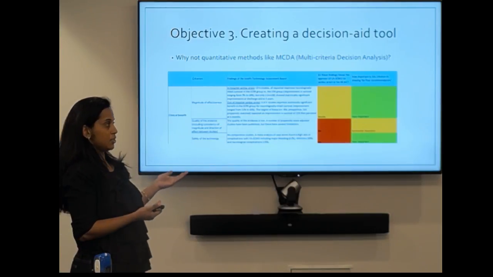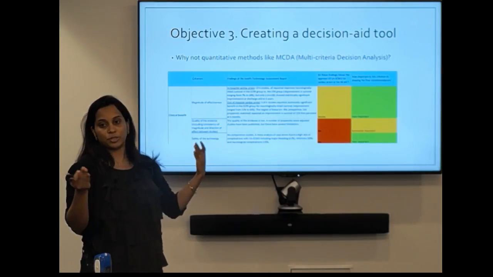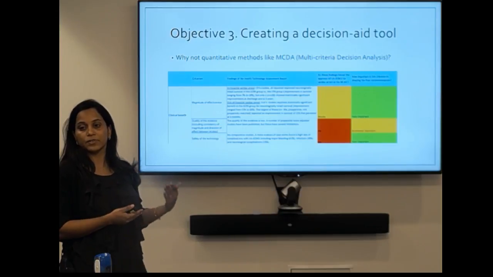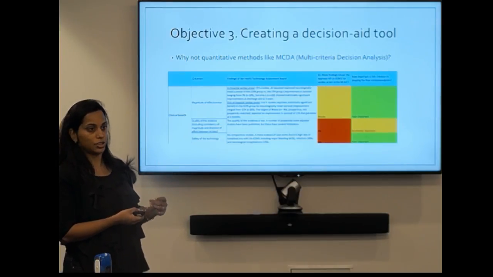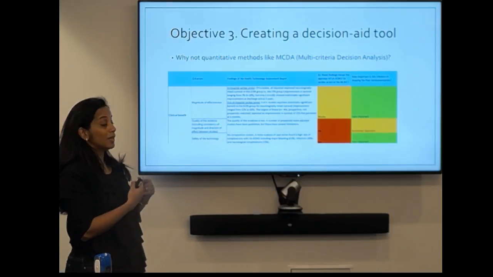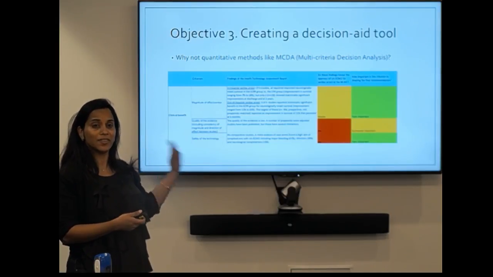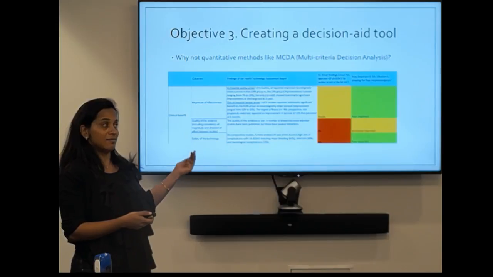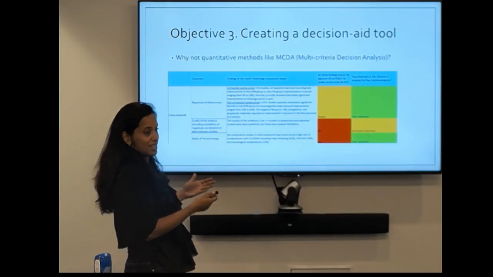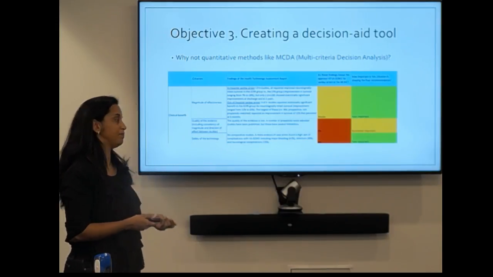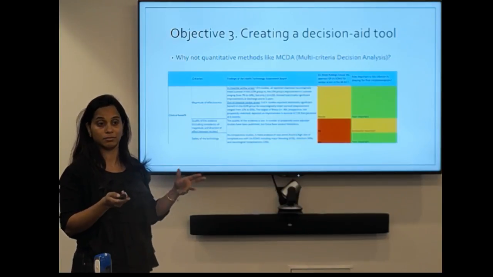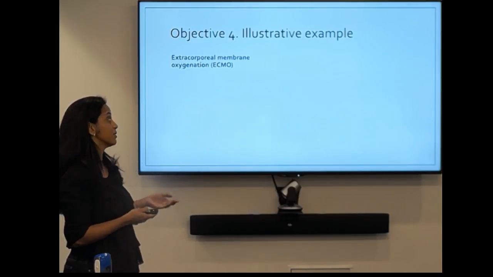So, as I mentioned earlier, safety may be important in general, but it may not be specifically important to a certain technology. And so we felt that it was impractical for our users, and it's also a very user-intensive method. And we wanted to keep something simplistic and encourage use.